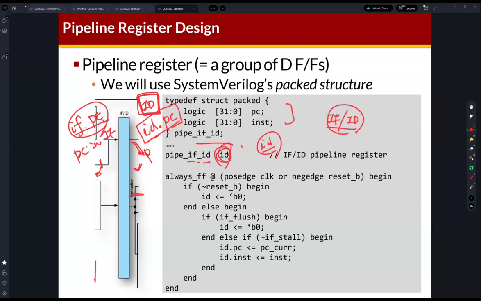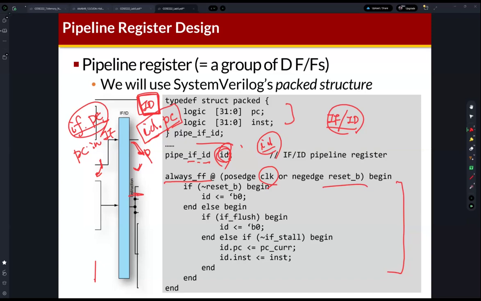And then you can find the behavior of this instruction fetch/ID pipeline register. It's a D flip-flop. As you can see, we can implement the D flip-flop using an always_ff block. It's synchronized with the clock signal, and it is controlled by an asynchronous negative reset.